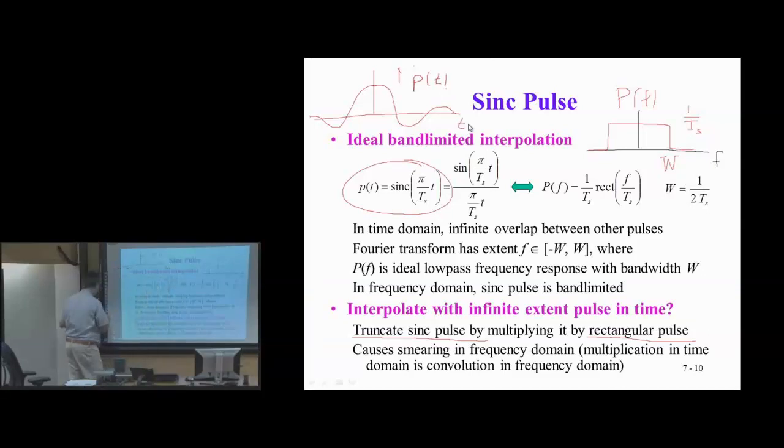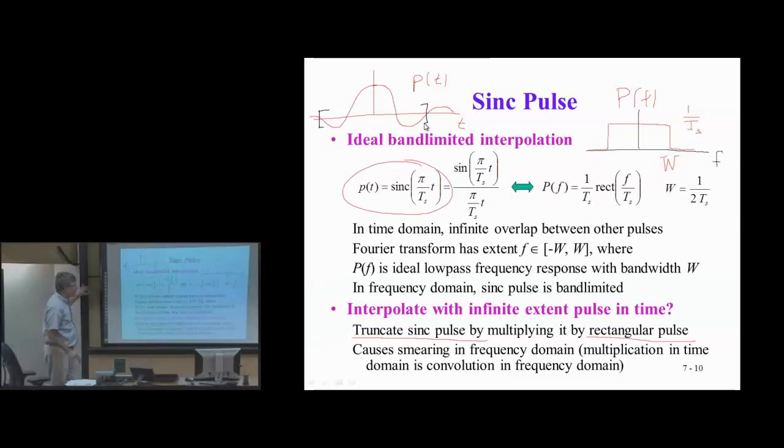So if we truncate the sinc pulse, say from here to here, we lose a lot of energy. There's a lot of energy in these tails because the tails go off to infinity to the right and minus infinity to the left.